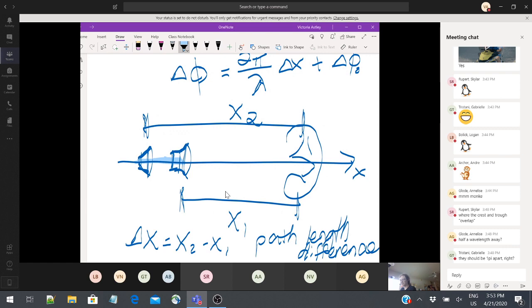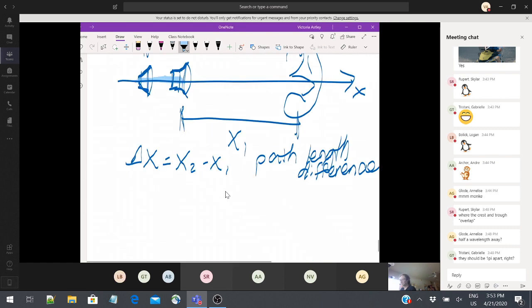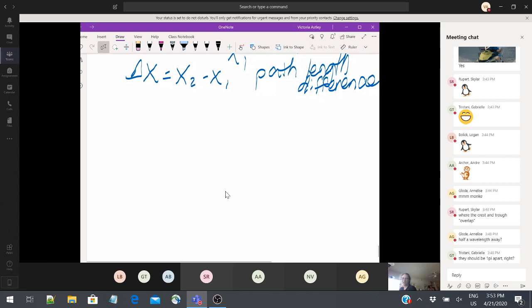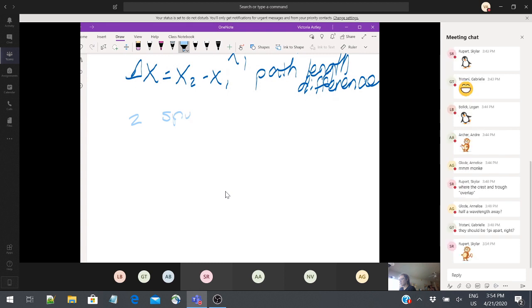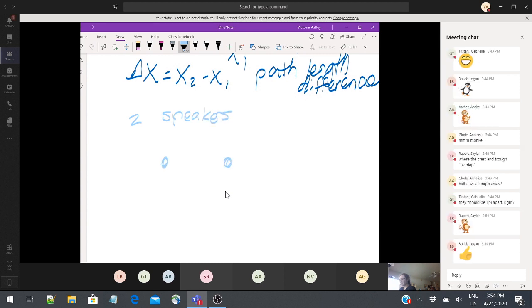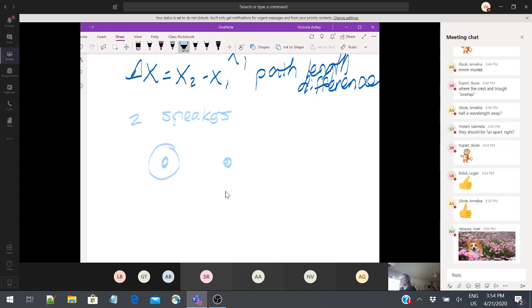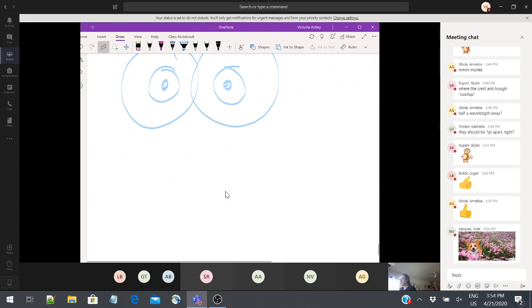So we have done 2 speakers. Give me an emote in the chat or something so that I know this is working. So we had 2 speakers that were playing in all directions. We had 2 speakers that were playing in the same direction.